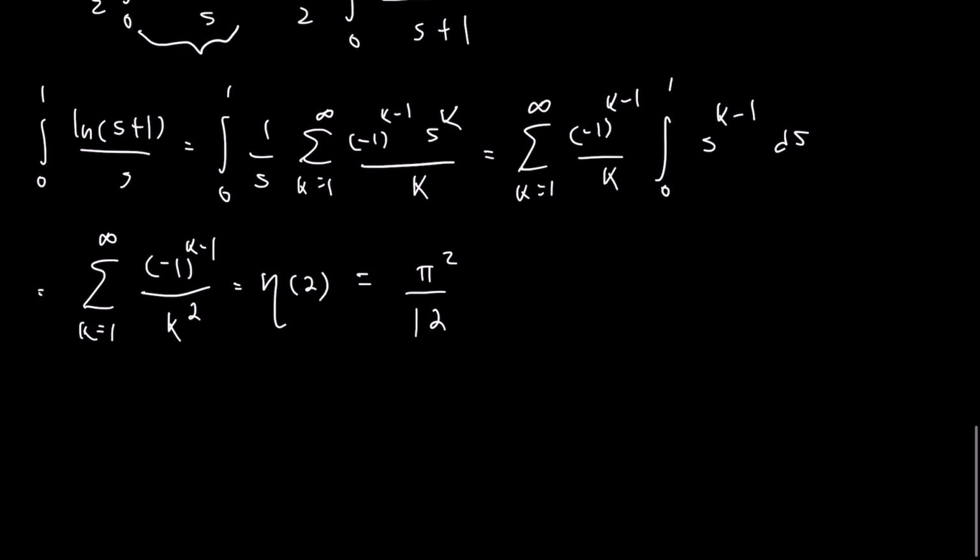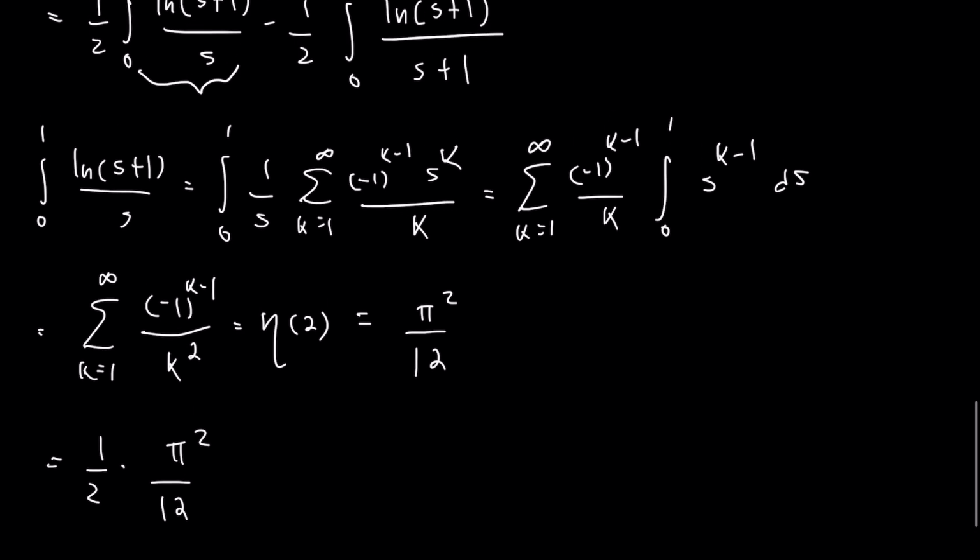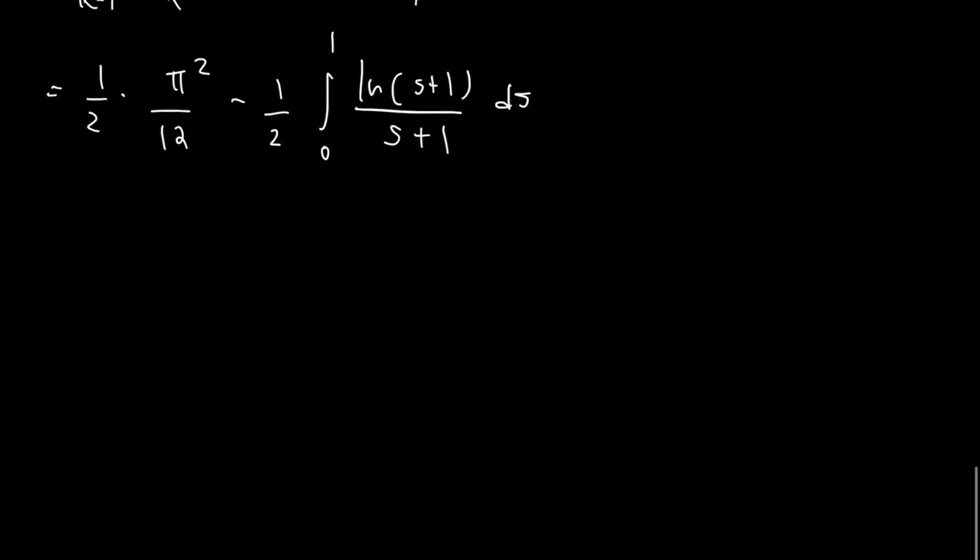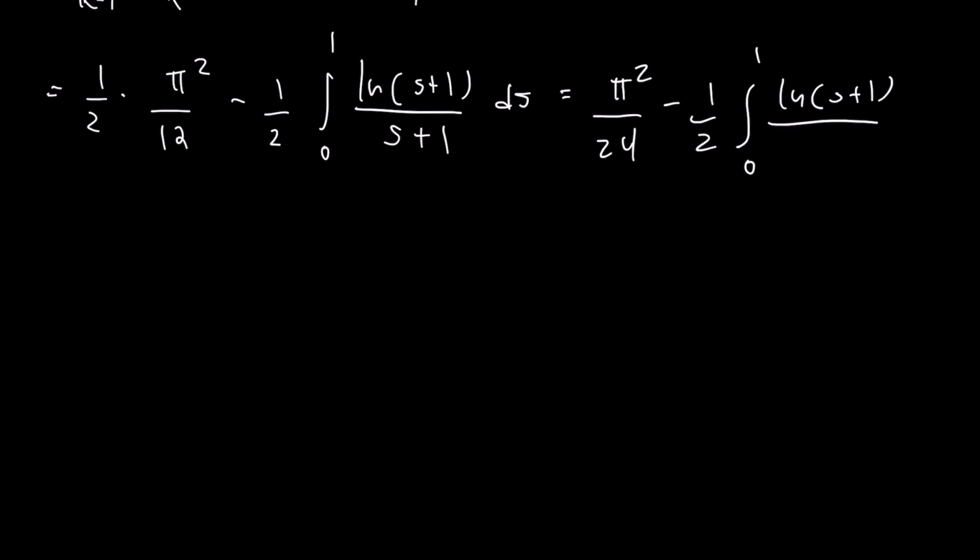So we now have that this is equal to 1/2 times pi squared over 12, and then a minus 1/2 the integral from 0 to 1 of the natural log of s plus 1 divided by s plus 1 ds, which is equal to pi squared over 24 minus a half, the integral from 0 to 1 of the natural log of s plus 1 divided by s plus 1 ds.